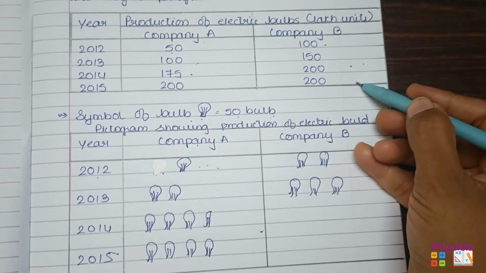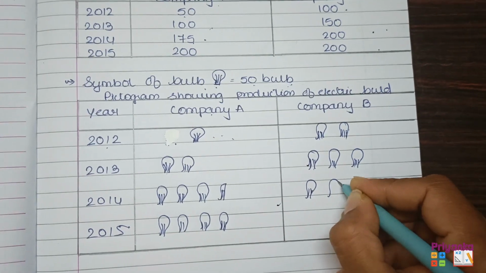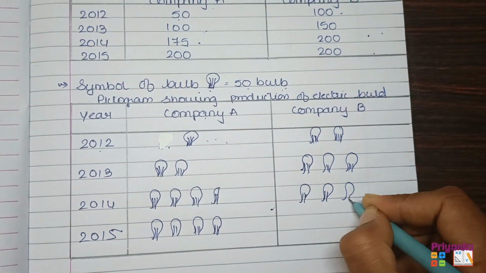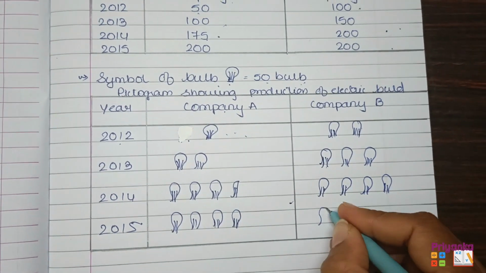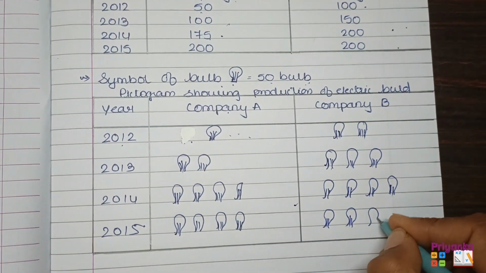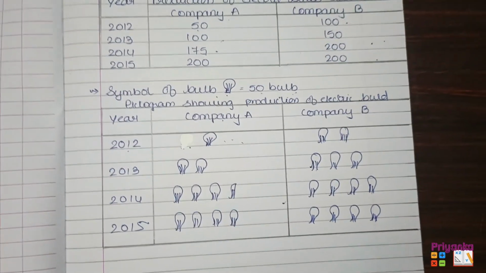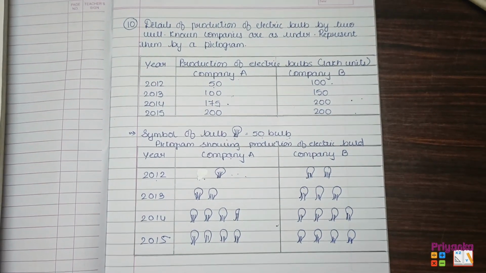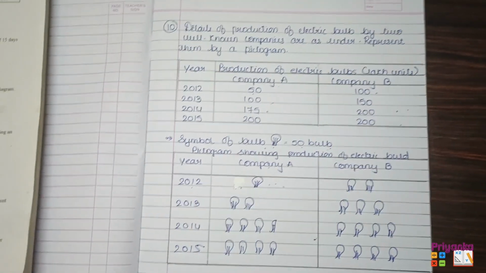So next for the 200, 4 bulbs. Please you people draw properly. With one single hand it will look a little like this. So this is how you have to show a pictogram. This is the end of the exercise. Moving to the next, exercise 2.